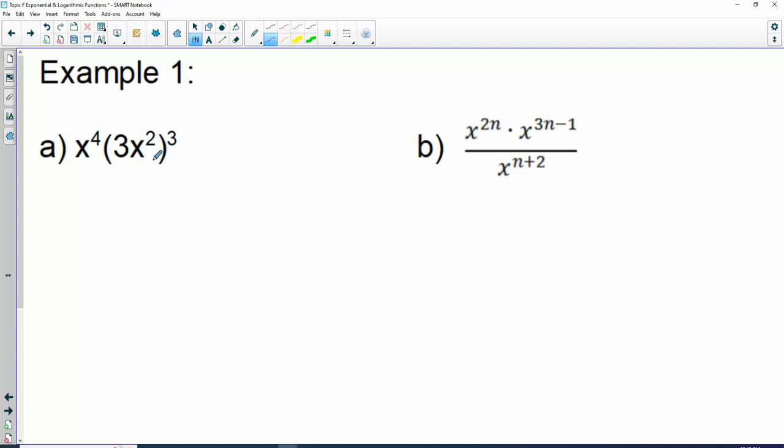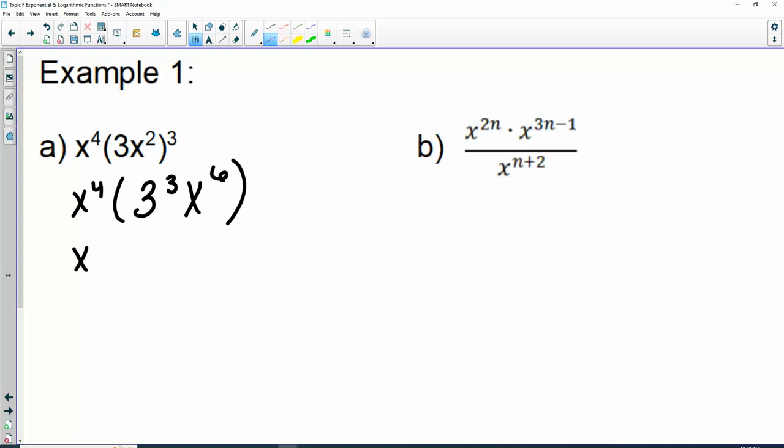Yes. If we look, we have a power to a power, so we have to start out there. So we have x to the 4th. This becomes a 3 to the 3rd, x to the 6th.